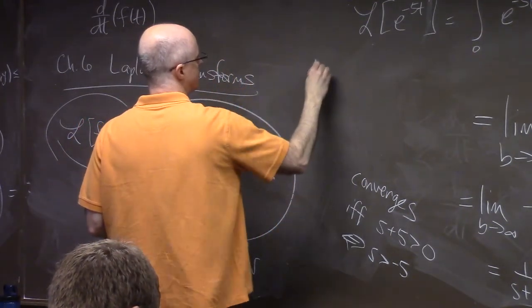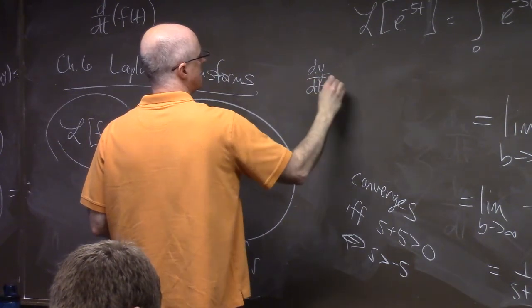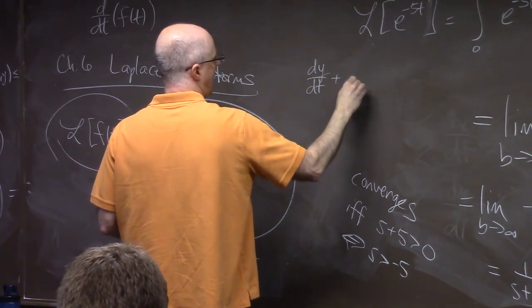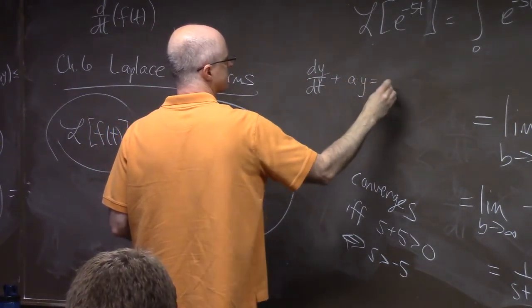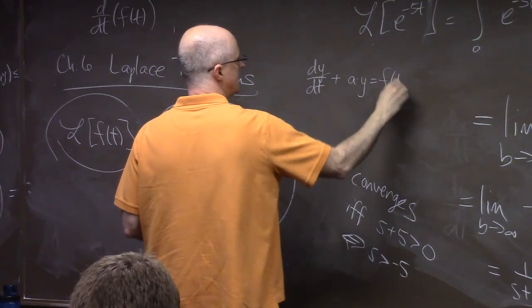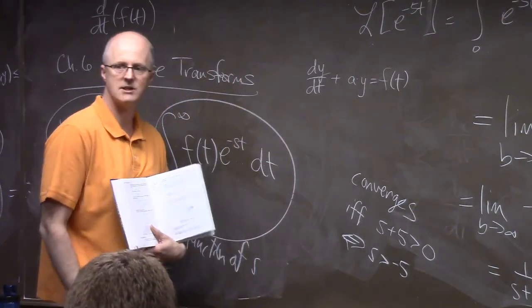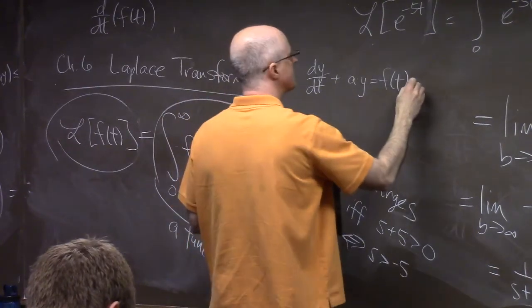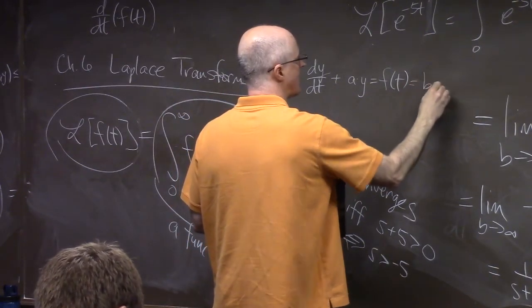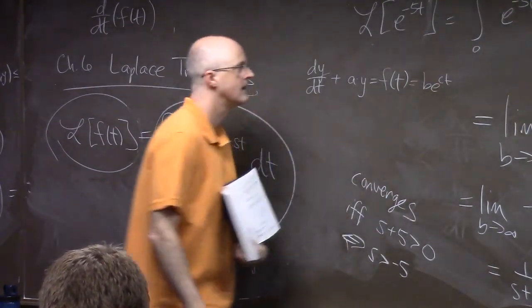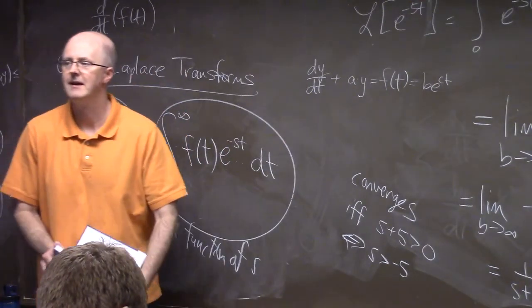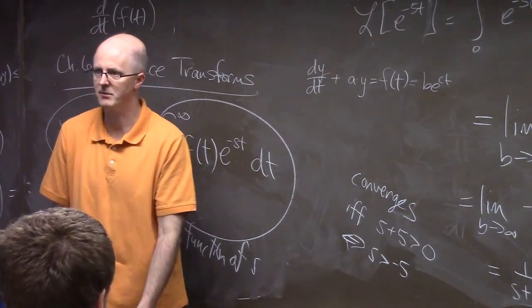of the form, typically, dy/dt plus a times y equals some function of t, which in the first section will be an exponential function of t, in fact: some constant b times e to the ct, say. They focus on using the Laplace transform to help you solve that.